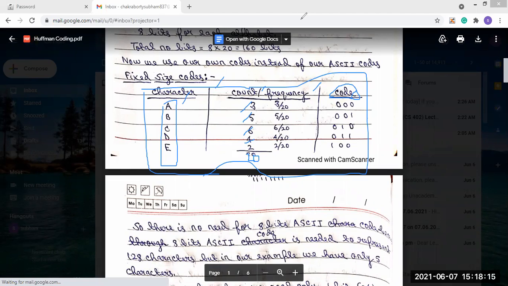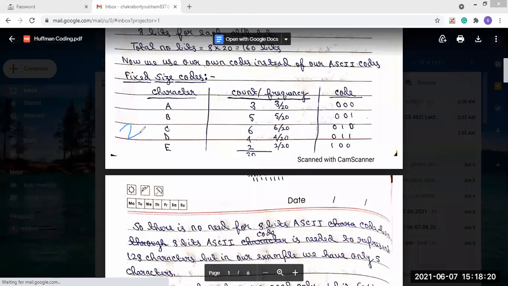Now, if we have to represent 2 characters, we can use either 0 or 1. Using 0 or 1, we are able to identify 2 characters.